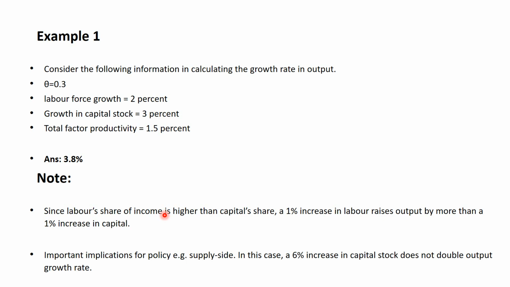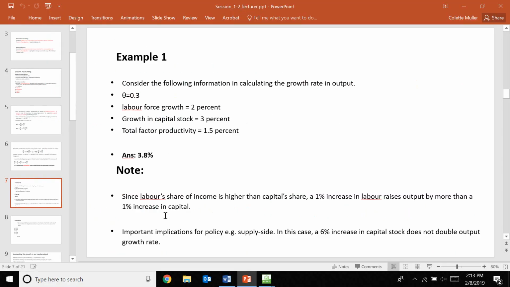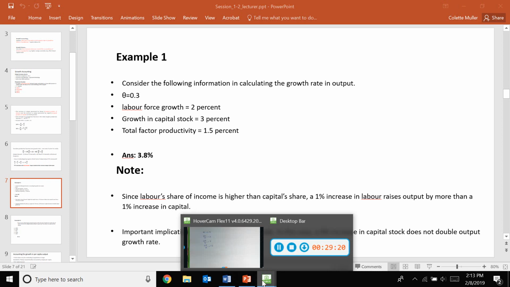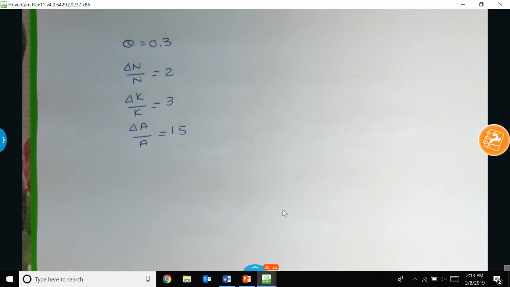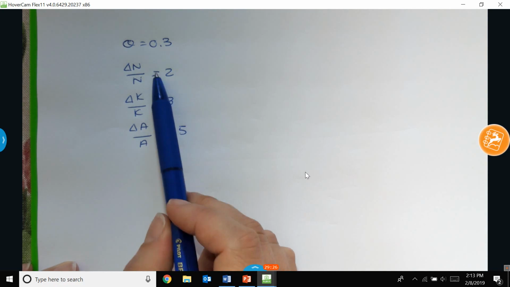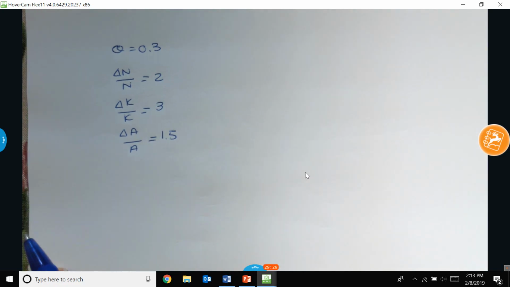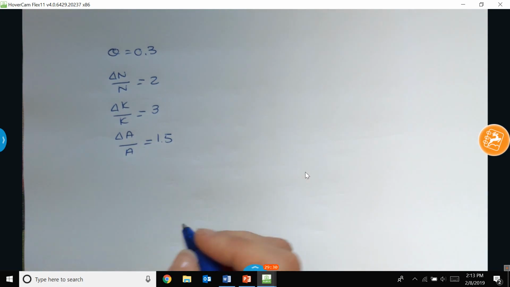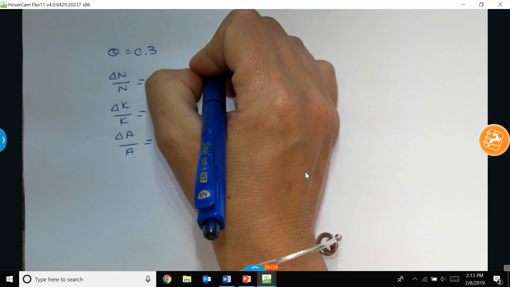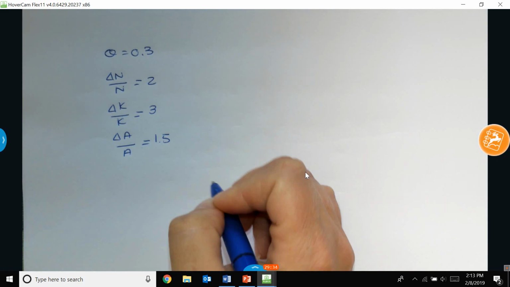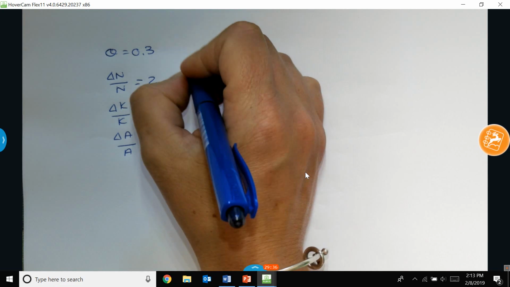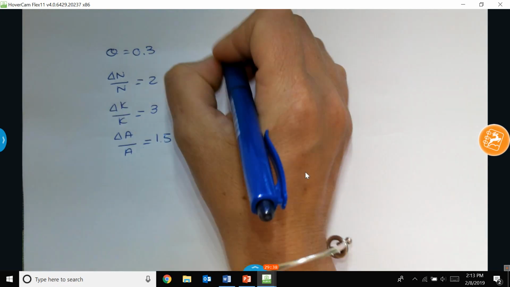And total factor productivity, change in A over A, is equal to 1.5. All right, let me switch the view back to the paper view. Okay. All right, so these values here are the values which I obtained from the question which is in your slide. And we now need to use the growth accounting equation in order to try and find out what total output growth is given these values.